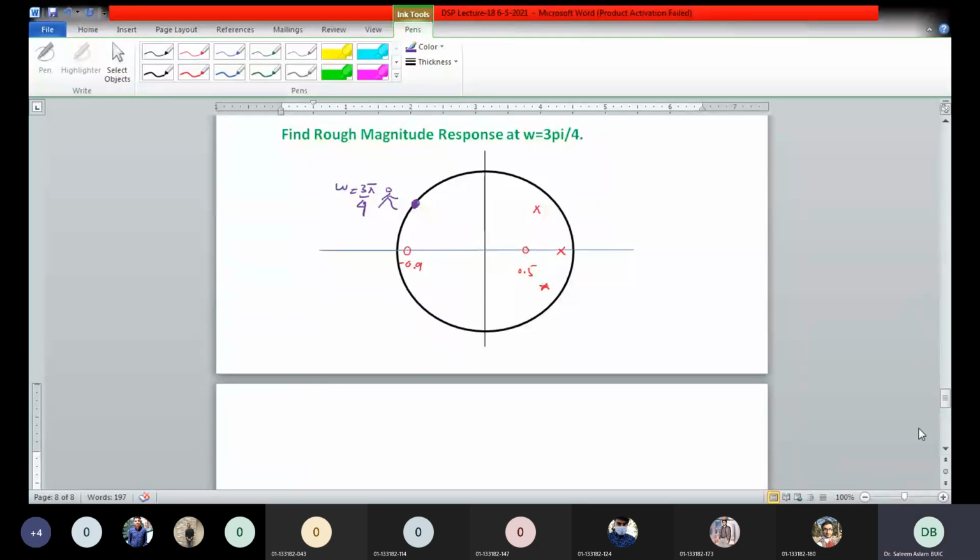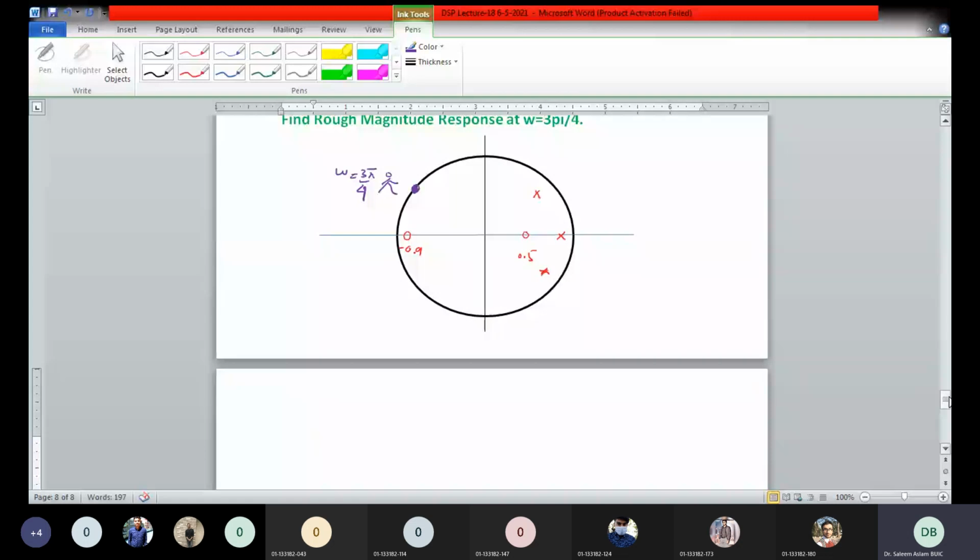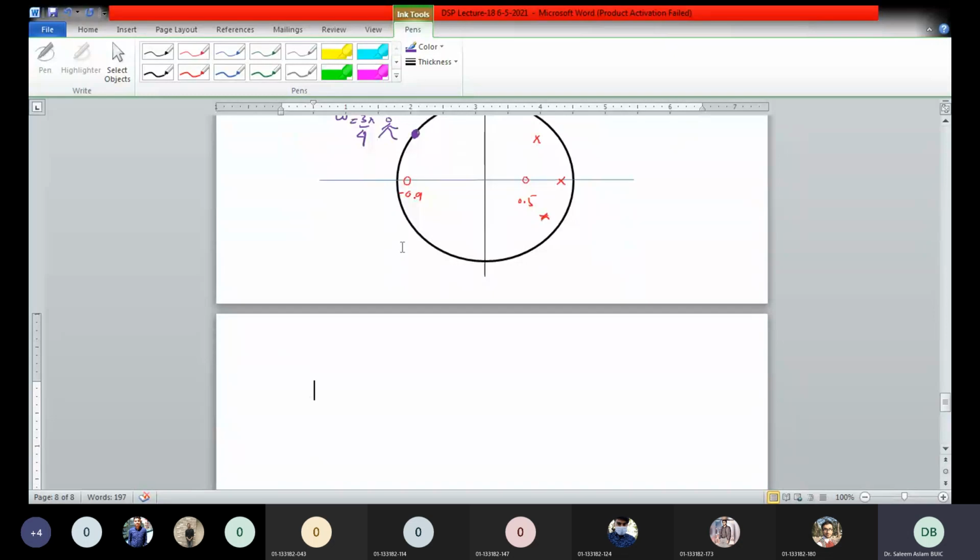Okay, so let me write the formula because we have two zeros. H e to the power j omega at omega is equal to 3 pi by 4 would be equal to r1 mod dot r2 mod, divided by, we have three poles, p1 mod dot p2 mod dot p3 mod.